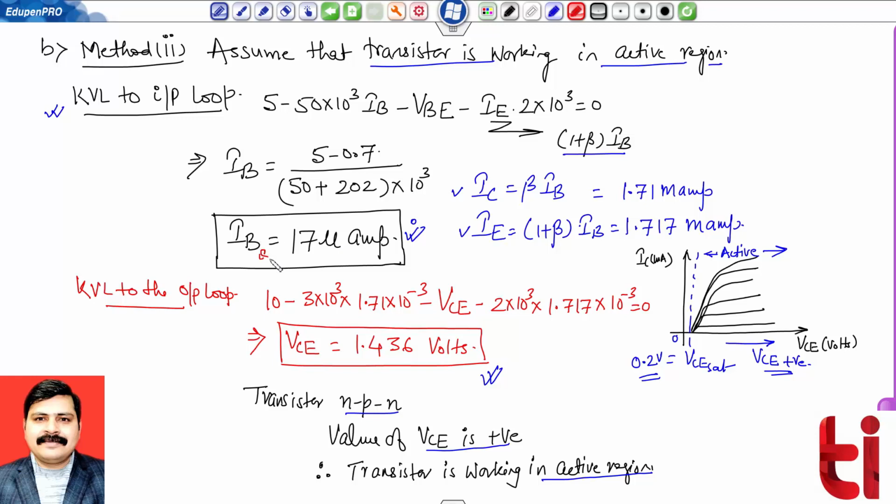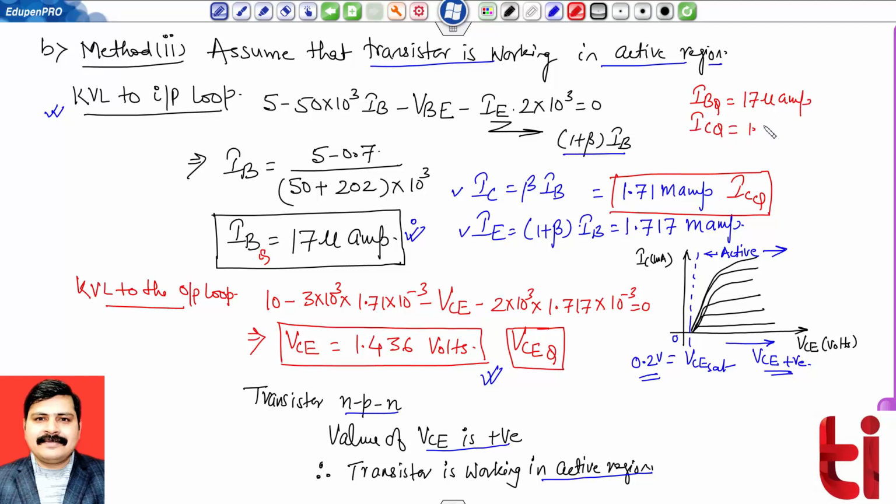So this is my IBQ, and ICQ we have calculated, this is my ICQ, 1.71 milliampere, and from the characteristics I have calculated VCEQ. So my operating points are available. In fact, I can write over here: IBQ equals 17 microampere, my ICQ equals 1.71 milliampere, and my VCEQ equals 1.436 volts. So these are my operating points.